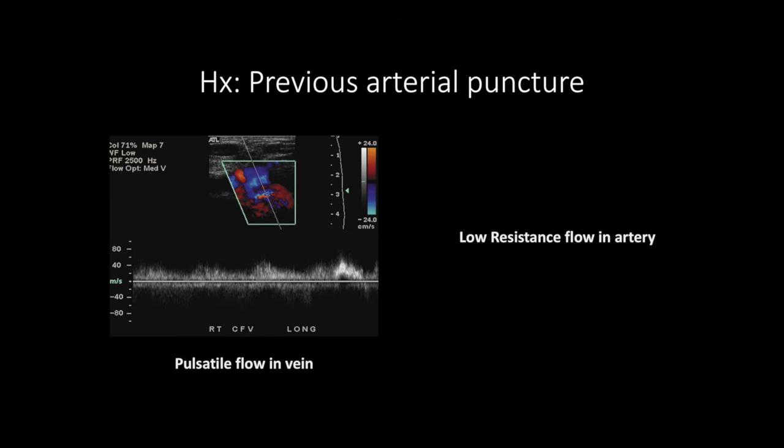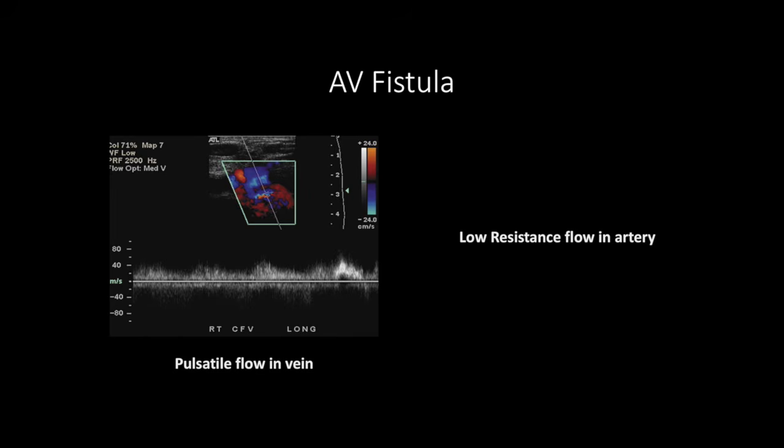And if we looked at the artery in this same case, normally we'd expect the femoral arterial vessels to have a high resistance flow. But let's say we look at the artery and we notice that it's a low resistance flow in that artery. So what's going on here? This is the classic appearance, or what you would look for, to diagnose an AV fistula. In other words, your puncture created a connection between the artery and the vein.